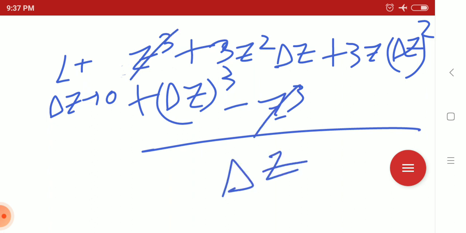So z cube minus z cube will be cancelled out.